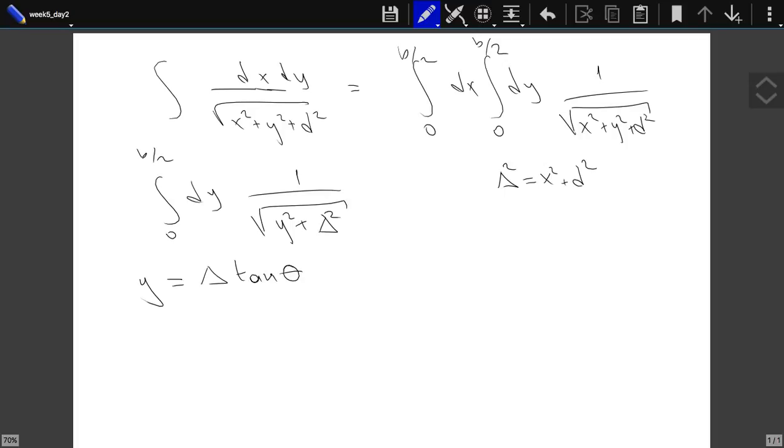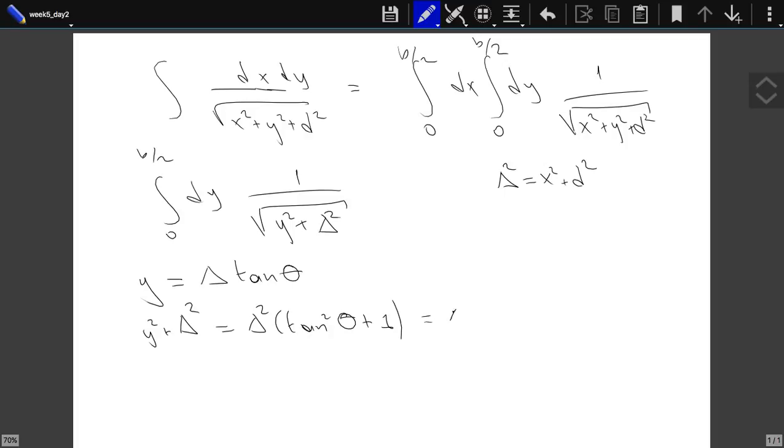Now, the general trick, if you have something squared plus your integration variable squared plus some constant squared, is always to make y equal to delta tangent of an angle. Because if you put it over here, y squared plus delta squared becomes delta squared times tangent squared theta plus 1.